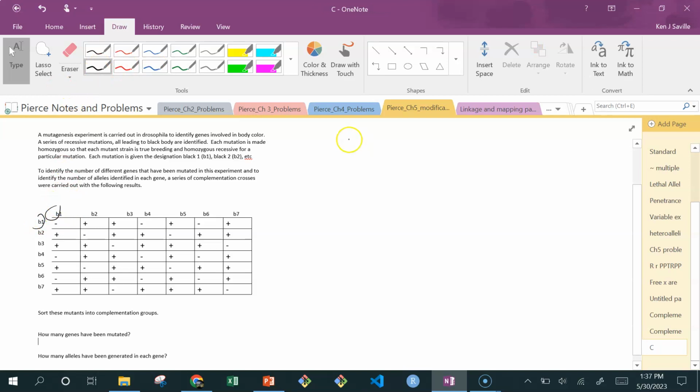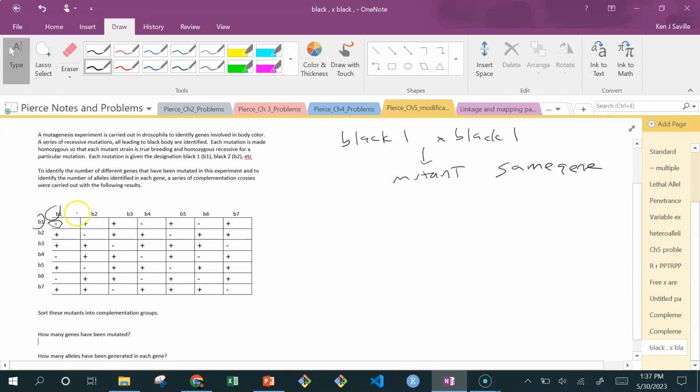So that's black mutant 1 crossed to black mutant 1. And this minus means when you do that, you're still mutant. Whenever you get a minus, that means they're in the same gene. And black 1 and black 1 are the same thing, so they have to be in the same gene.